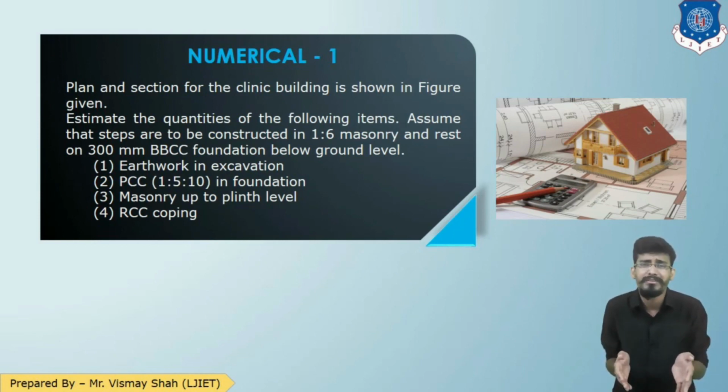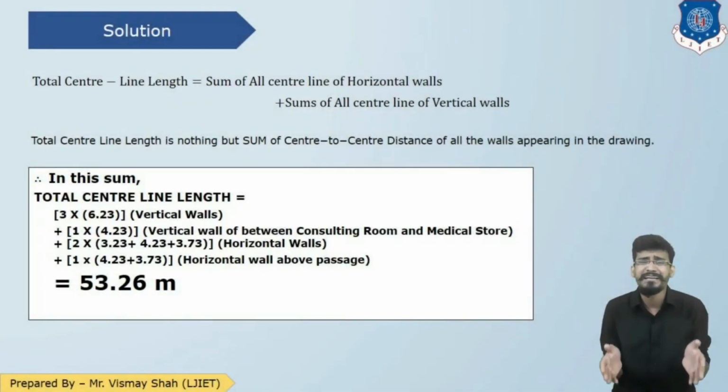The total center line length is the sum of all the center to center distances of walls in the horizontal direction plus the sum of all the center to center distances of walls in the vertical direction.